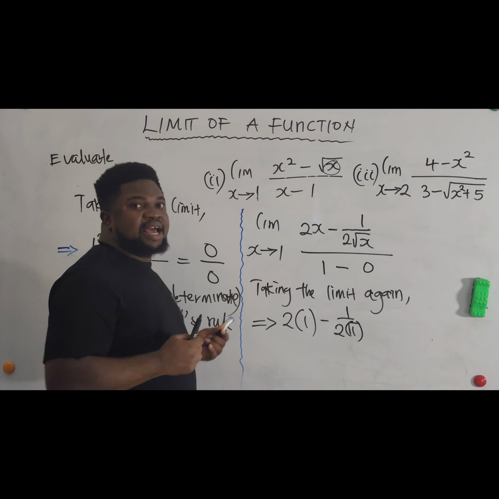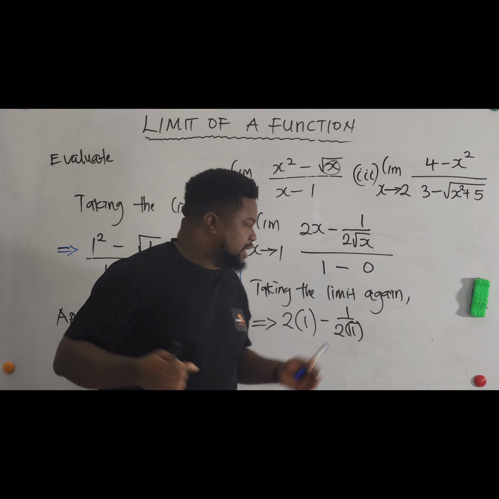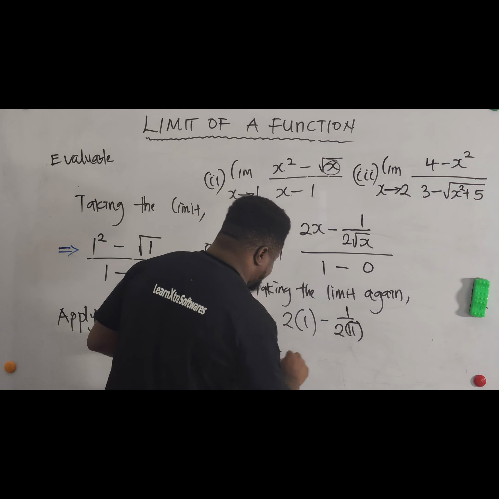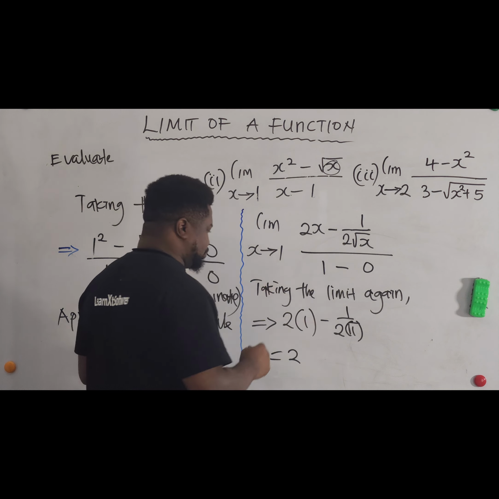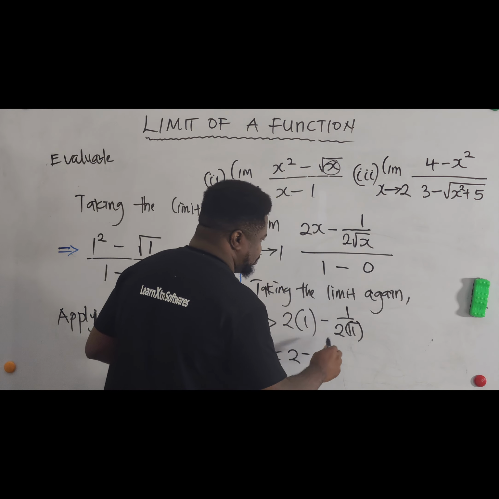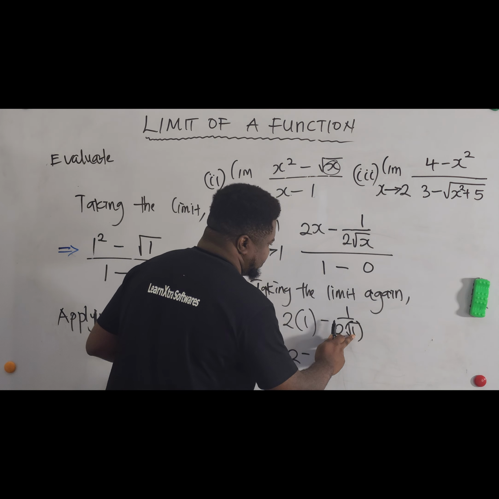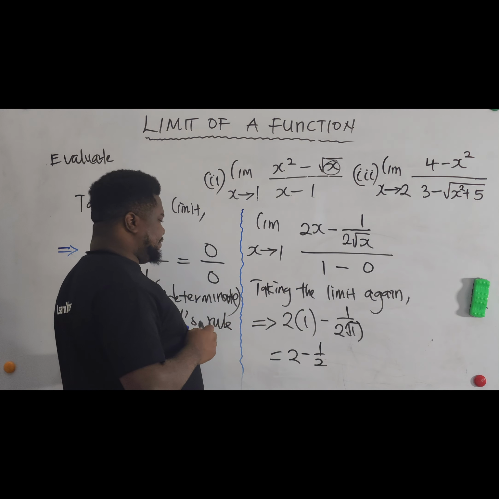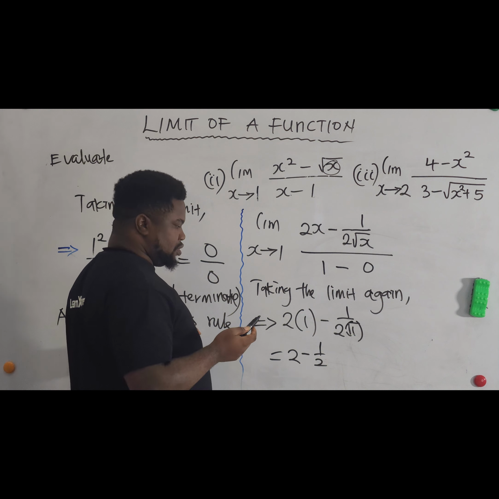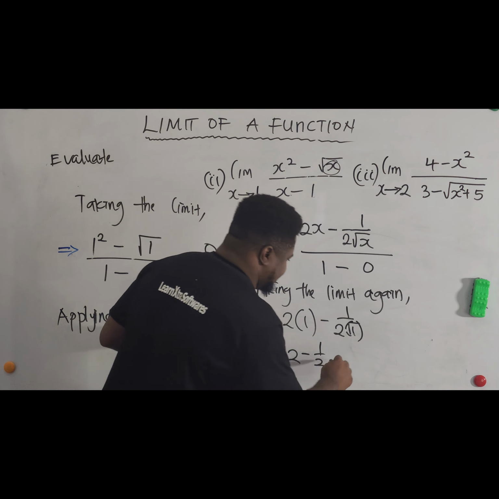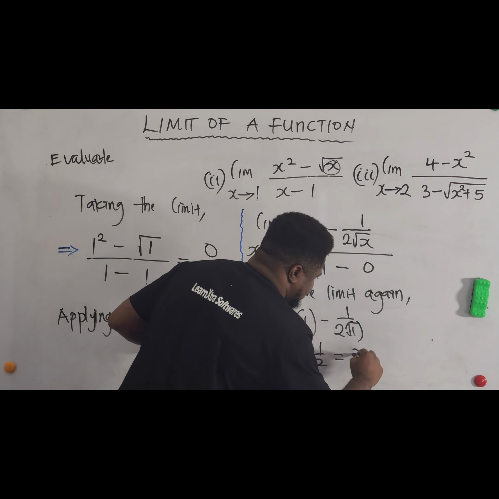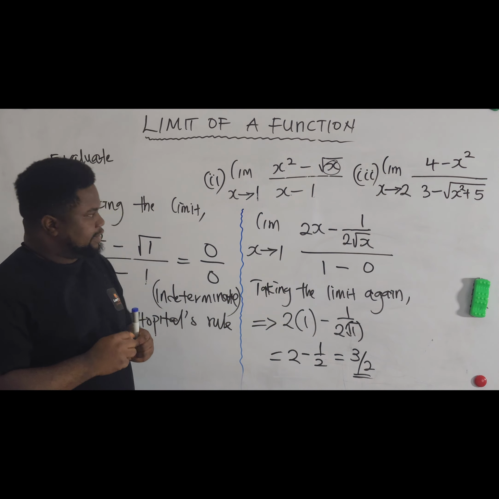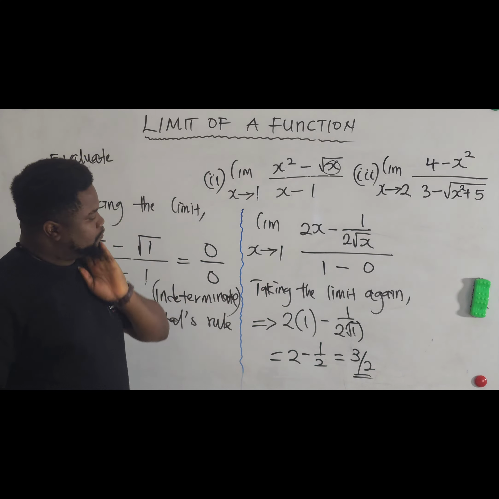Anything over 1 is that same thing, so there's no need of writing over 1. So this will be 2 times 1, 2, minus root 1 is still 1, 2 times 1, 2, that's half. 2 minus half is 1.5, which is equal to 3 over 2. That's it. We've solved question 2.